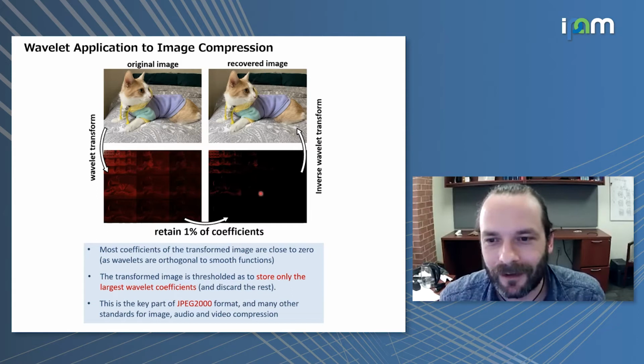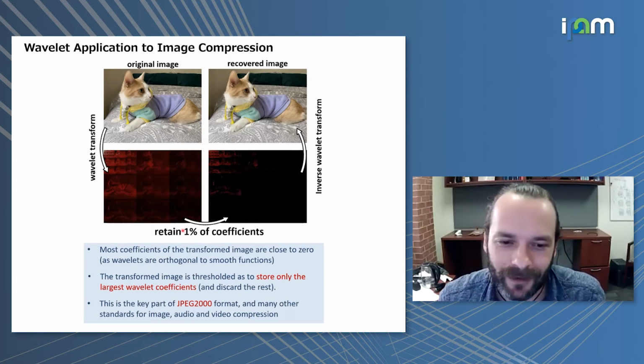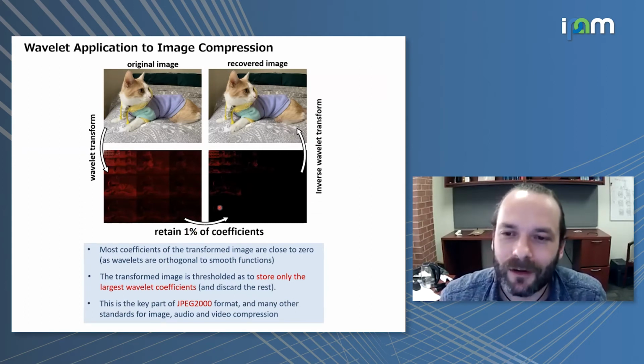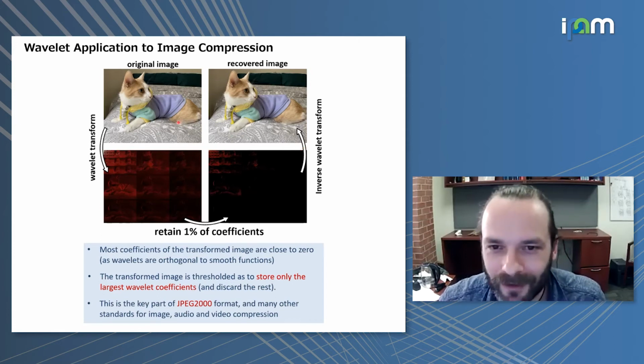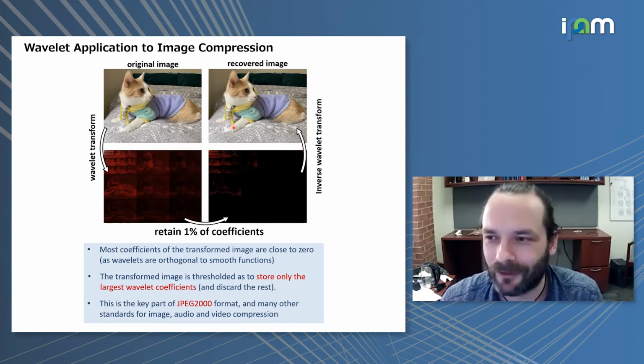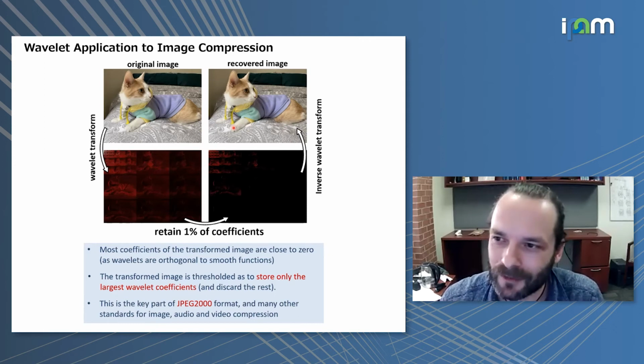In this case, I only keep 1% of the coefficients, so I have a very high compression. At the same time, if I do the inverse transformation, I have something which is still relatively high fidelity. If you looked very closely at these two images, you could see some loss of detail in the recovered image. However, it's still very good in this case.